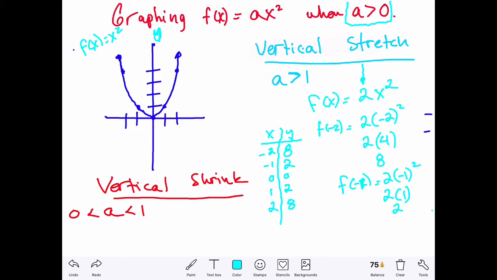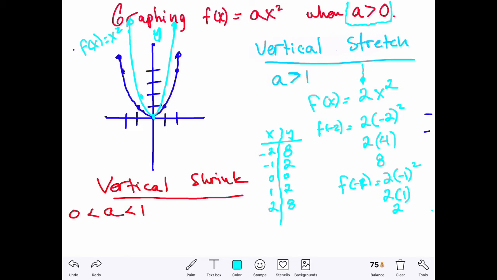So if I graph this, at negative 1 I'm at 2, 0 at 0, 1 at 2, and then I'm way up here at 8. Then I come down and up. Again, it's a U shape, not a V shape.